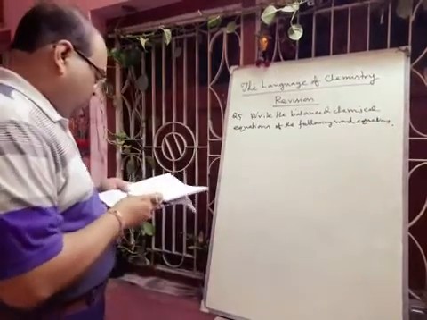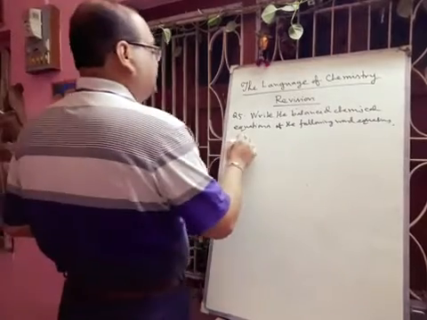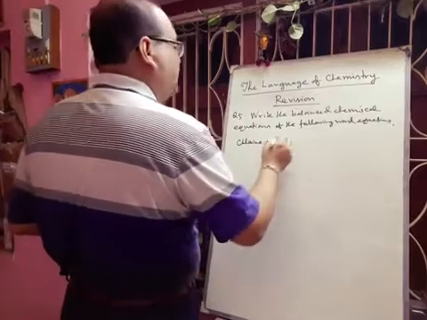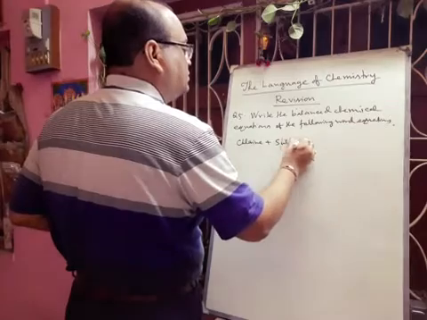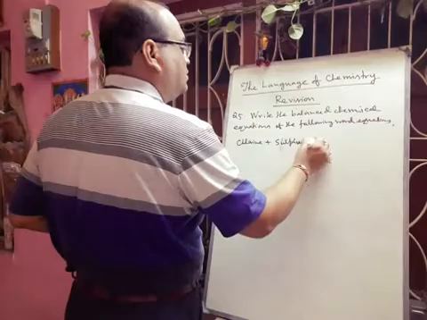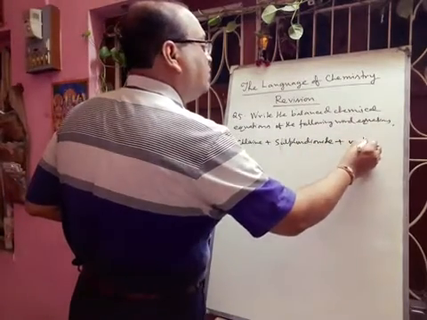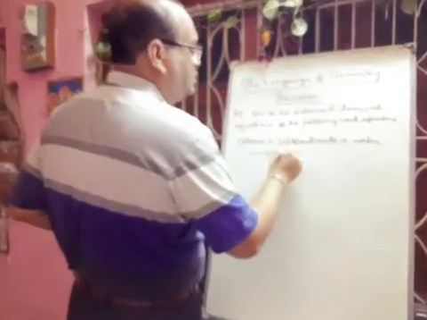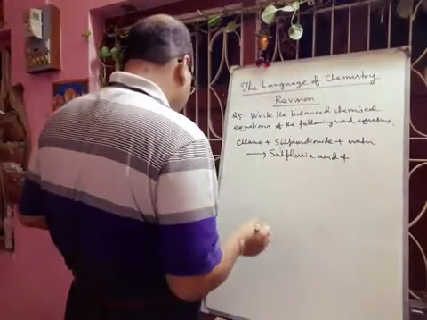Okay, so here one I am writing, that is chlorine plus sulfur dioxide plus given water. So it will produce sulfuric acid plus hydrogen chloride.